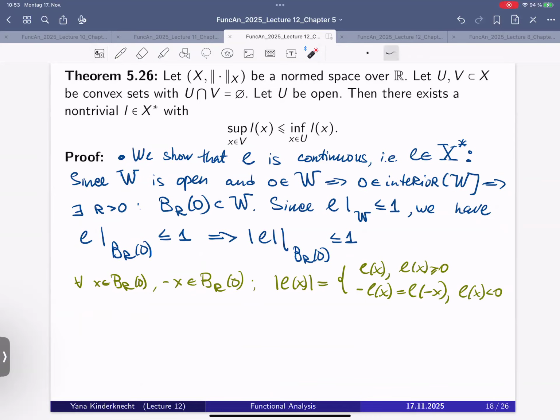In both cases, this x and this minus x all belong to the same ball. So from this inequality, we have this inequality.